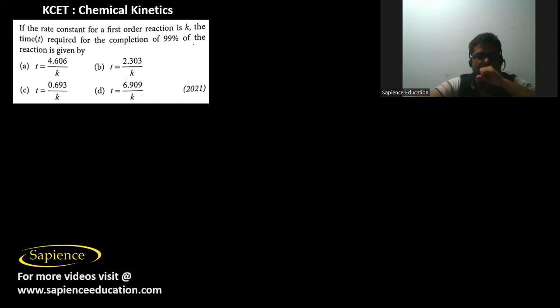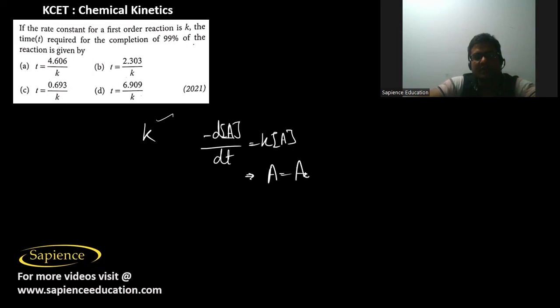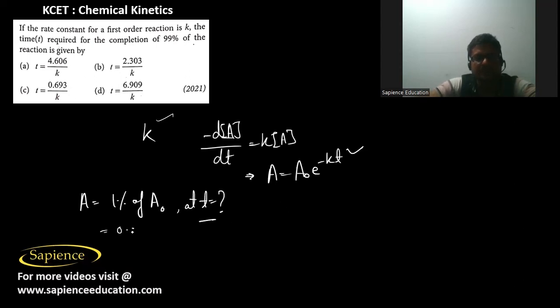So here it means that minus dA by dt equals K into concentration of A. Therefore concentration of A, I can write, equals A naught e power minus KT. The time required for the completion of 99% of the reaction means that 1% of A naught is remaining. It means A equals 1% of A naught, at which time that is being asked. So 1% of A naught means 0.01 A naught.